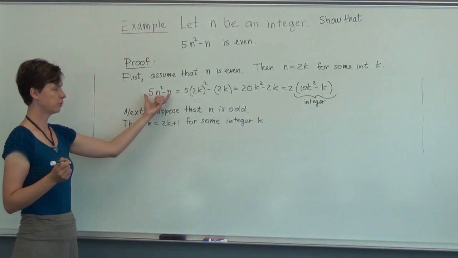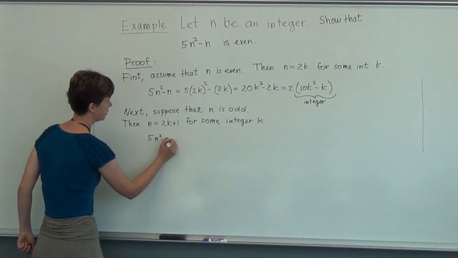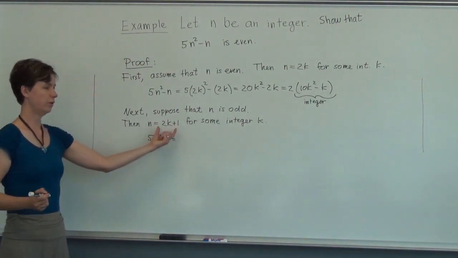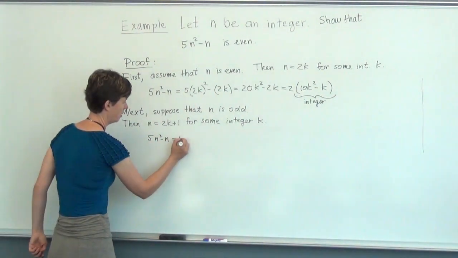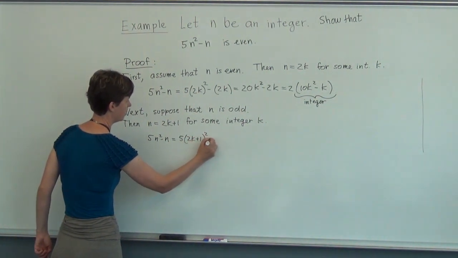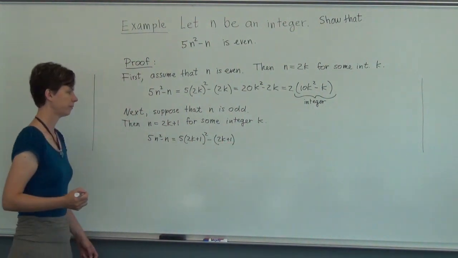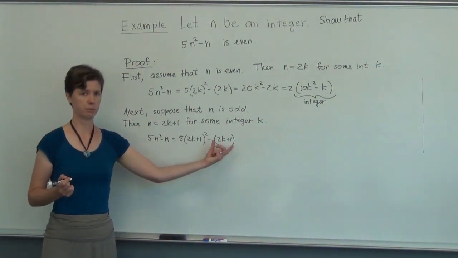So now we go back to this, 5n squared minus n, and plug this in. 5 times (2k plus 1) quantity squared, minus (2k plus 1). Make sure you don't forget the parentheses.